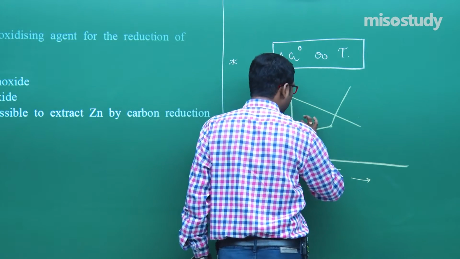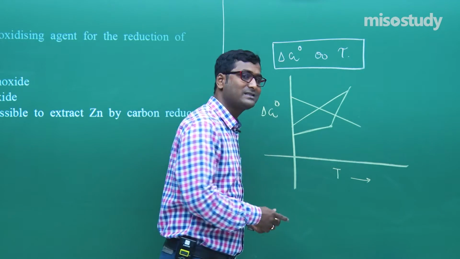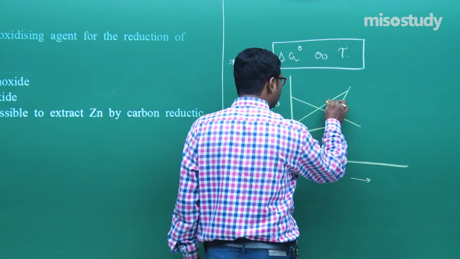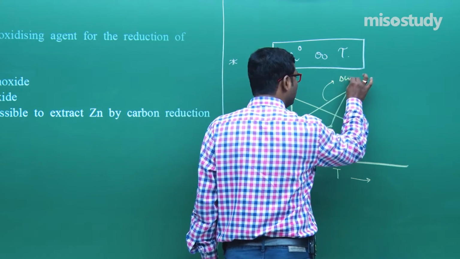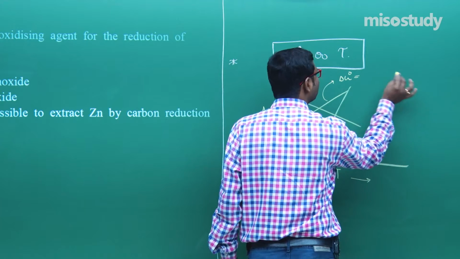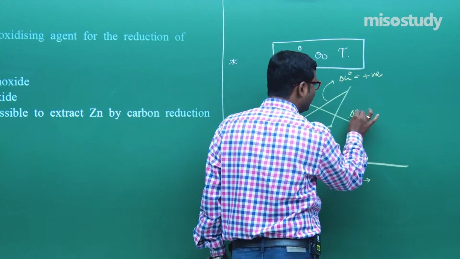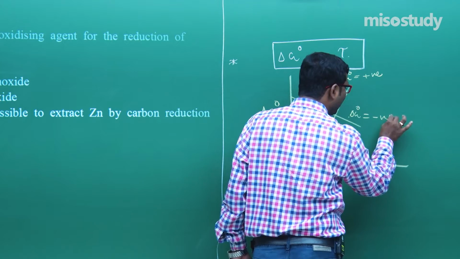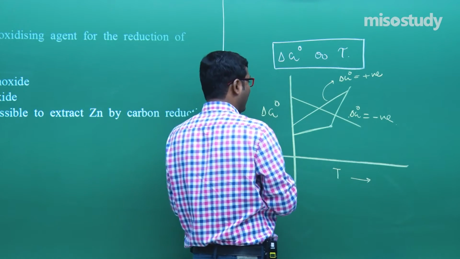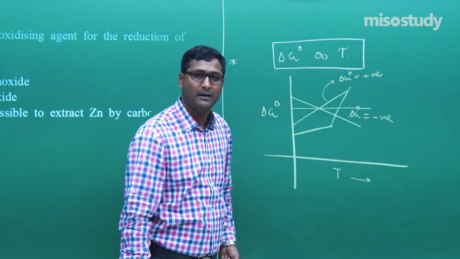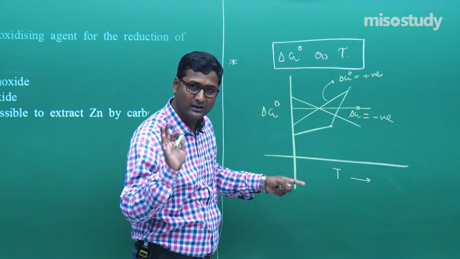The graph may be like this, it shows that the slope is positive. In this case, delta G becomes less negative, that is, becomes positive. In this case, delta G becomes more and more negative. And the graph may be like this at a particular temperature. There are 3 conditions. Clear?